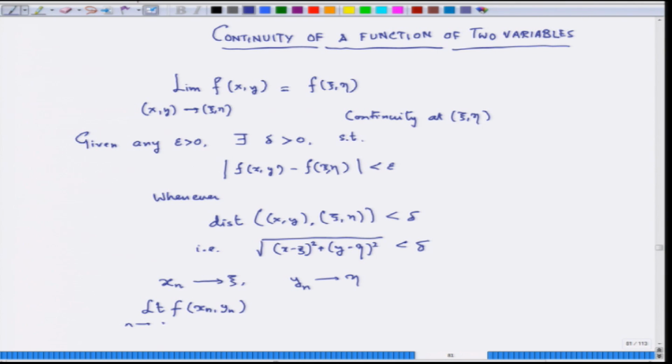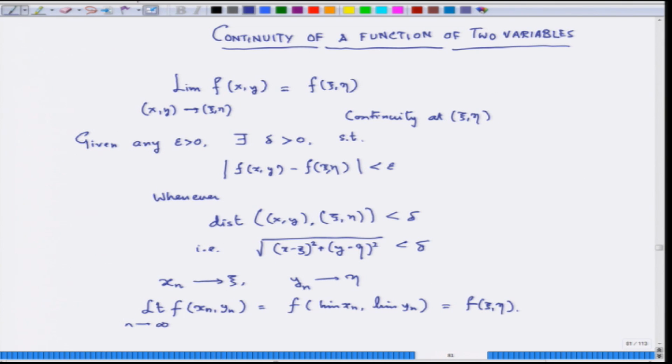So, basically now I am looking at the sequential limit of the function. This is same as f of limit xn, limit yn, and that is same as f of xi eta.